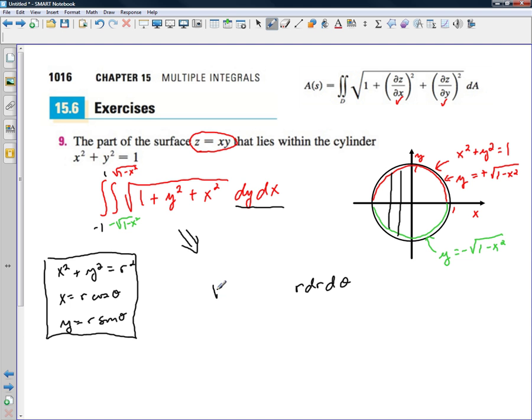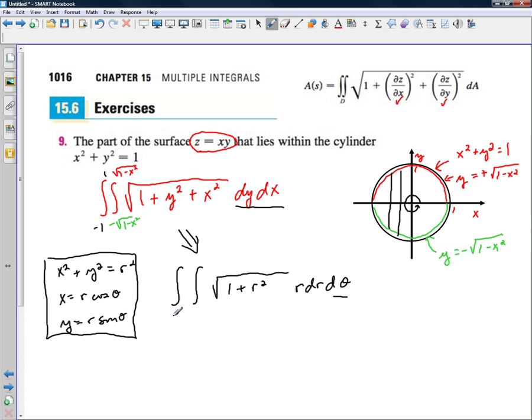Our integrand is now going to be the square root of 1 plus r squared, which replaces our y squared plus x squared. And our outer limits of integration, when we're thinking about our polar angle, we're going to go all the way around this circle, right?